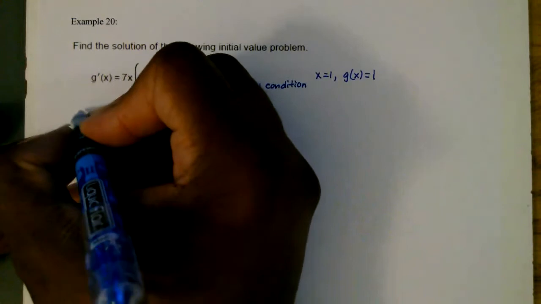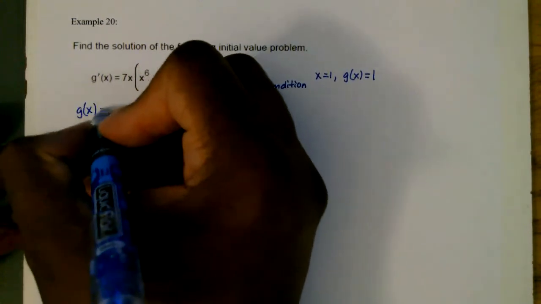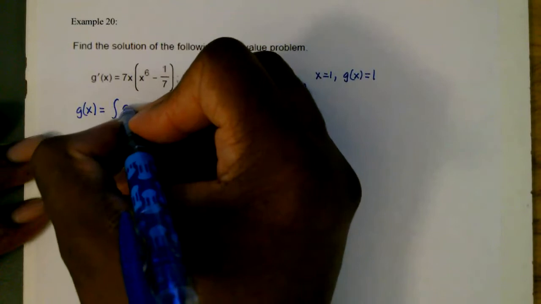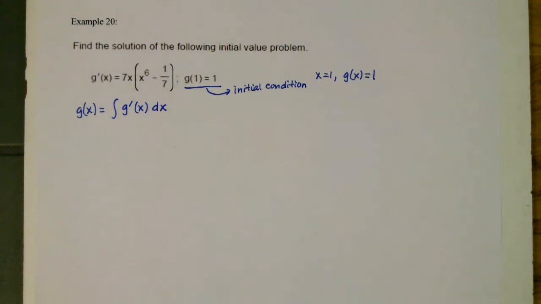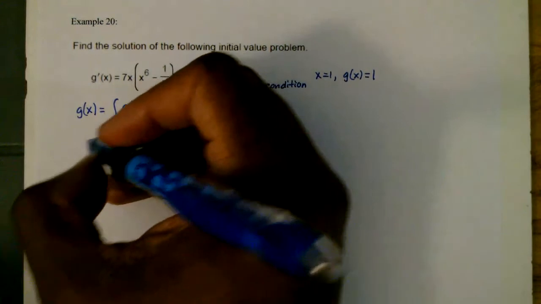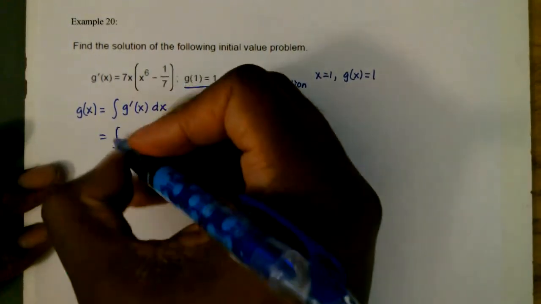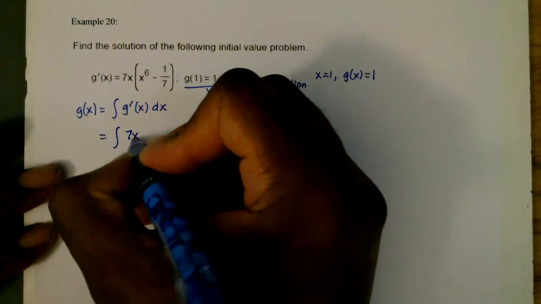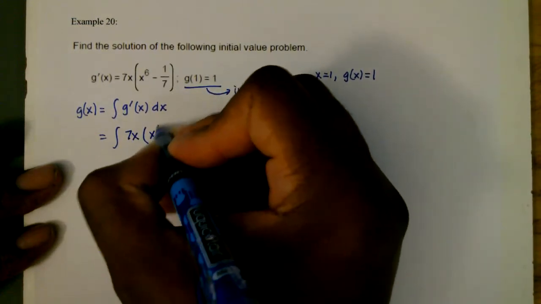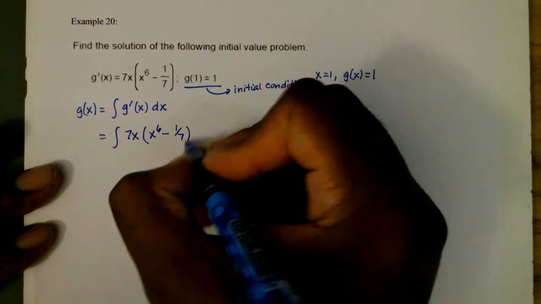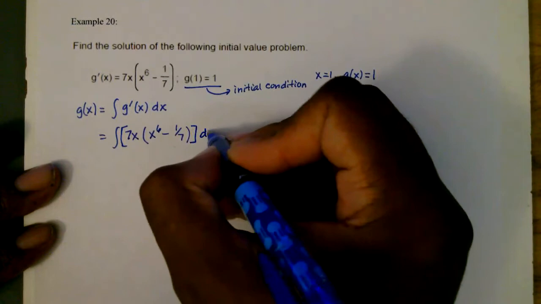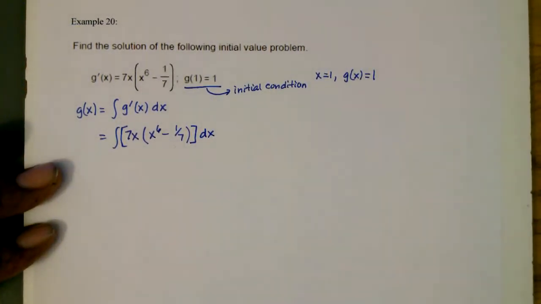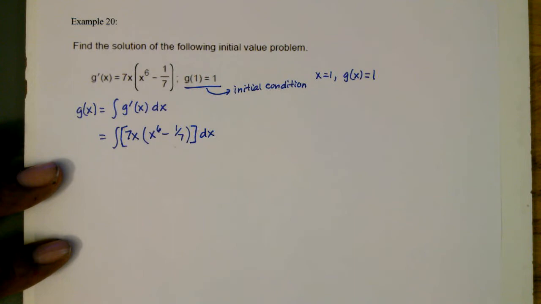Since we have g prime of x, g of x, of course, is just taking the integral of g prime of x dx. And here's g prime of x, that's the integral of 7x times the quantity x to the 6 minus 1/7, in brackets, dx.